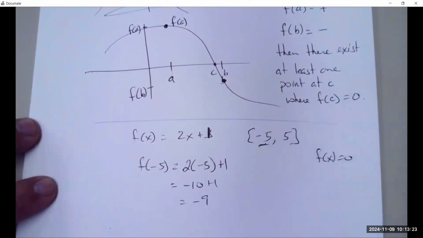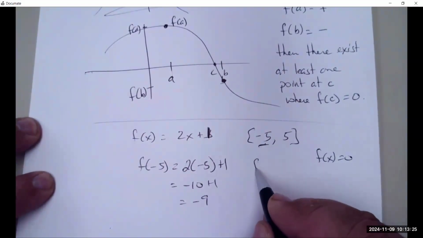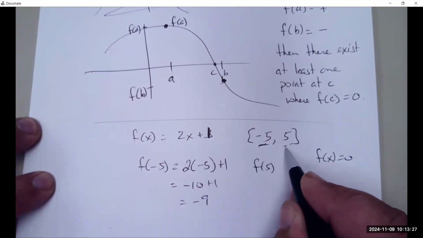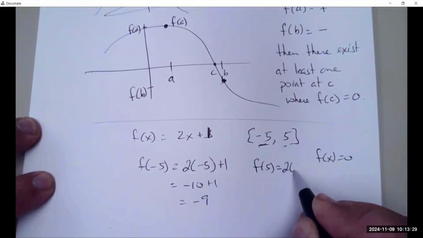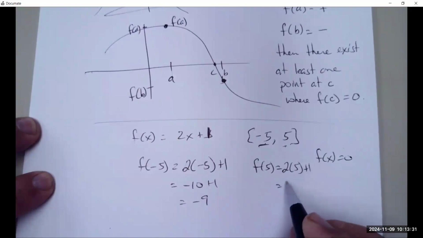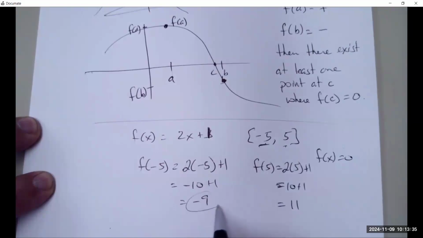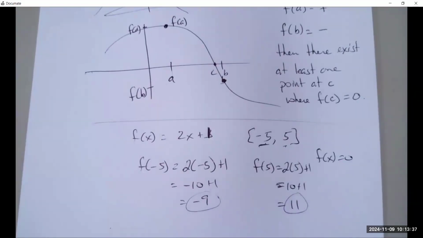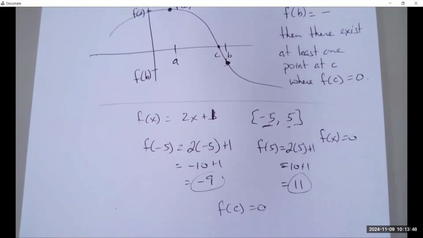And now we try at this point. So we have 2 times 5 plus 1. 2 times 5 is 10. They're different signs. So yes, there has to be at least one place in this interval where it equals 0.